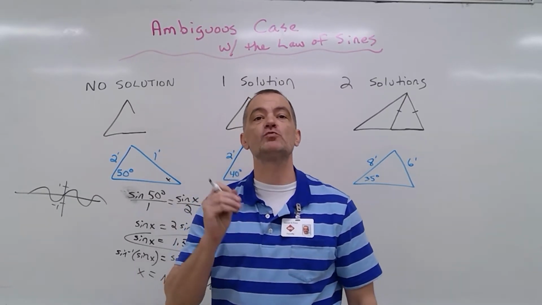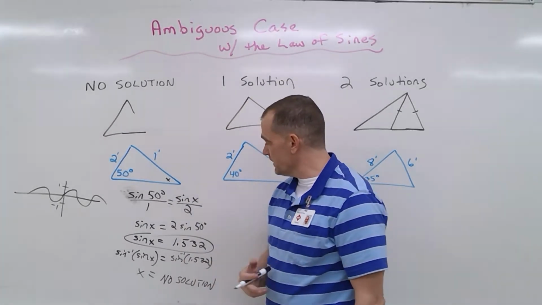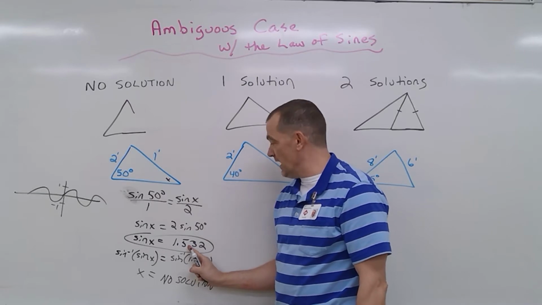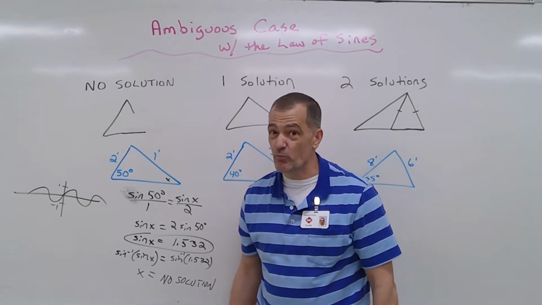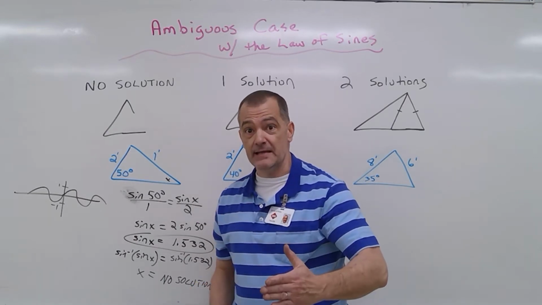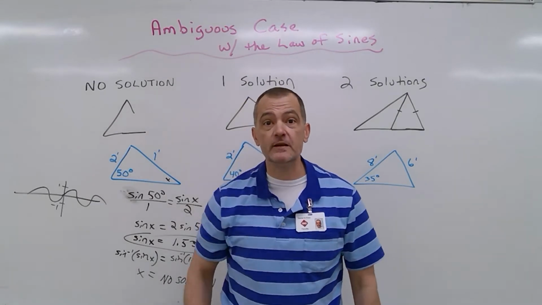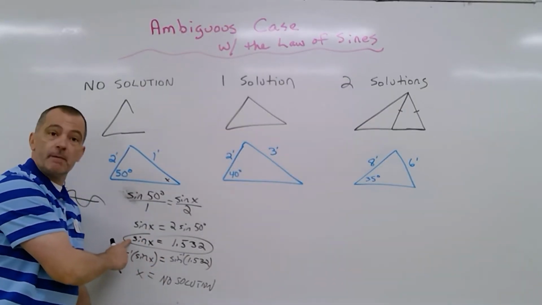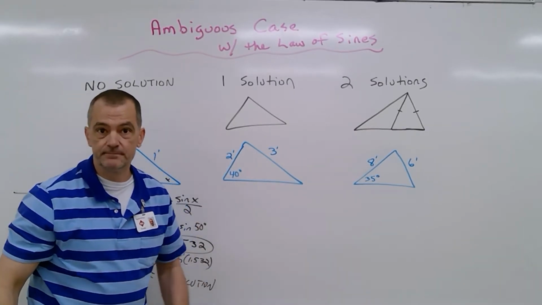X squared plus y squared equals 1. If this is the y value and you square it, isn't that already greater than 1? And then you're going to be adding x squared to it as well, so even if it's 0, it's still. So that's 3 different ways to explain that we should have recognized in trigonometry that this bad boy had no solution. Plus your calculator will tell you.